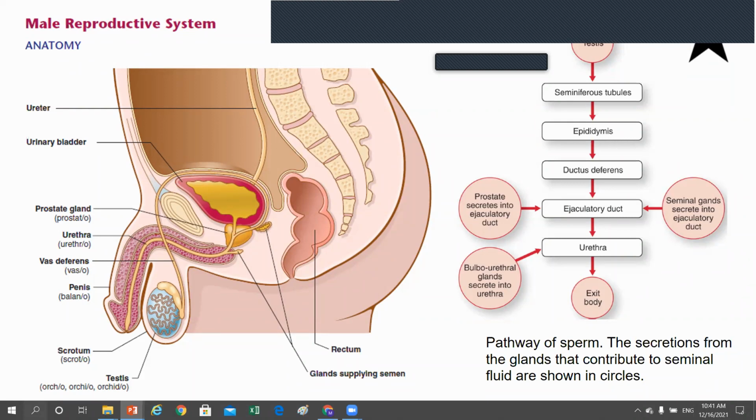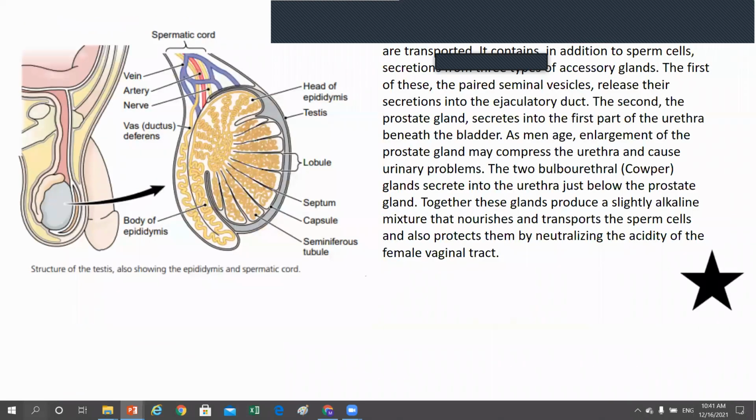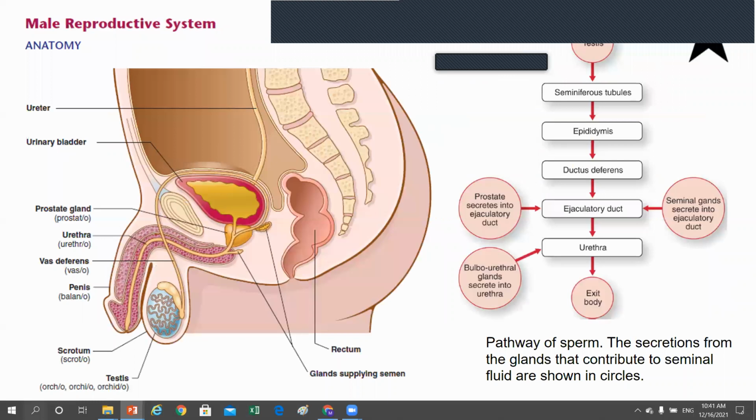And if you recall the urinary system, this urethra was the part which was taking out the urine from the urinary bladder. So in this portion, this is the urinary bladder, and the ureter from the kidneys is carrying the urine over here. Then we have the ejaculatory duct which will open over here.